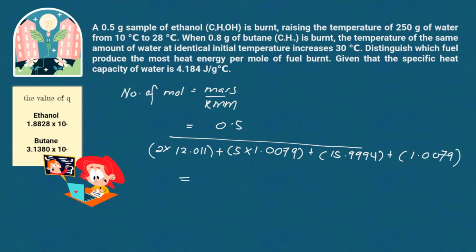So after you have calculated this, you should get the number of mole for your ethanol is actually equivalent to 1.0853 times 10 to the power of -2. That is the number of mole for your ethanol.